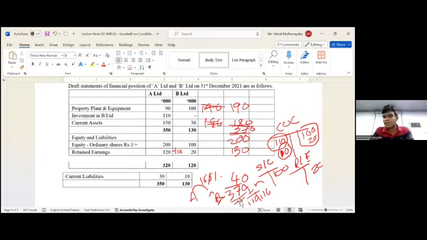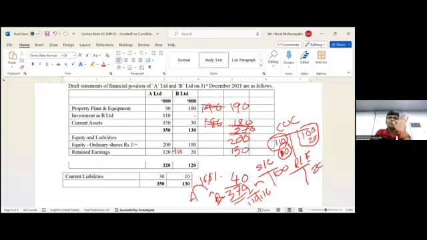If you are preparing the P&L, you need to recognize it under other income. Since we are not preparing the P&L, the profit or loss from the P&L goes to the retained earnings, right? We are just adding into the retained earnings. So that increment in the retained earnings balance you need to add to the retained earnings.